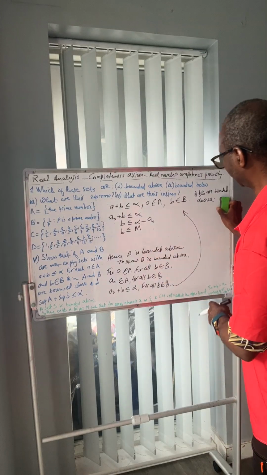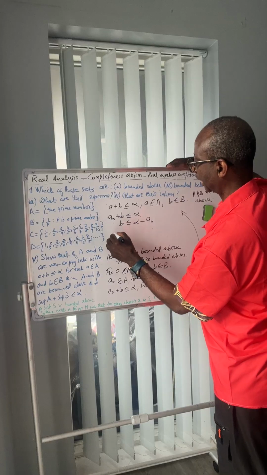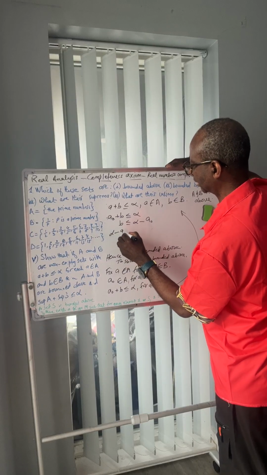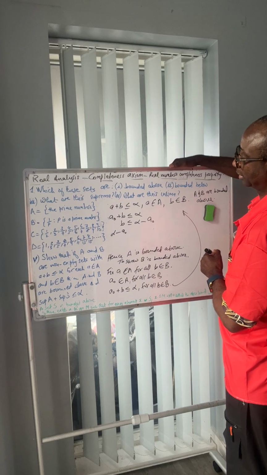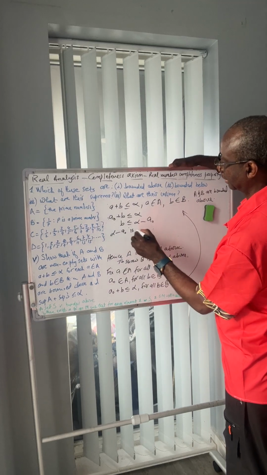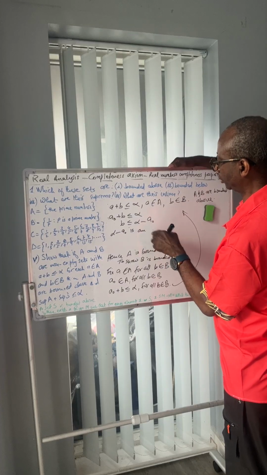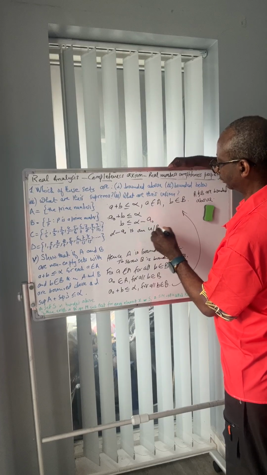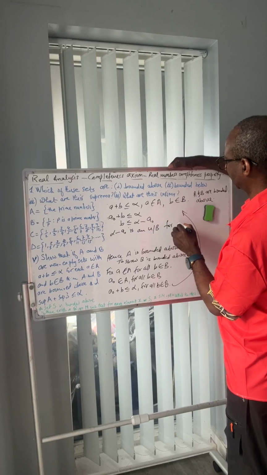That's what you have proved here. So we now state alpha minus A0 is in fact an upper bound for set B.